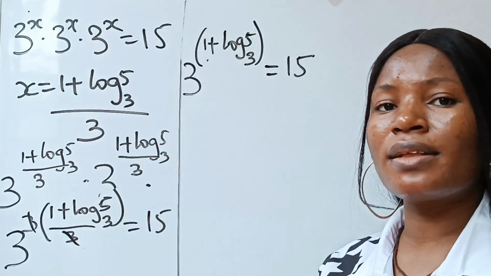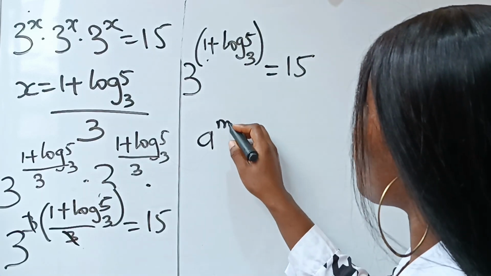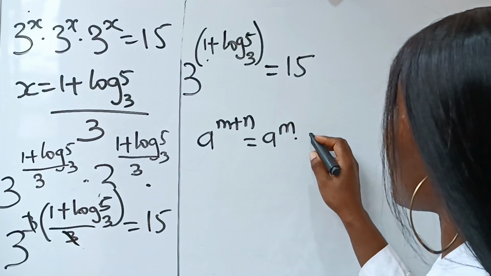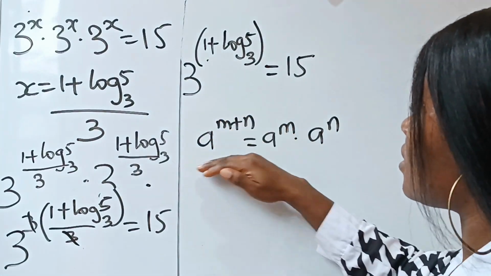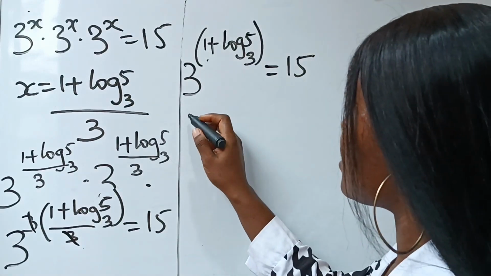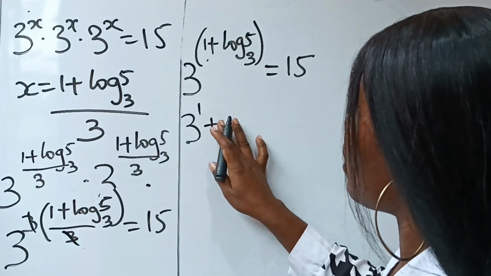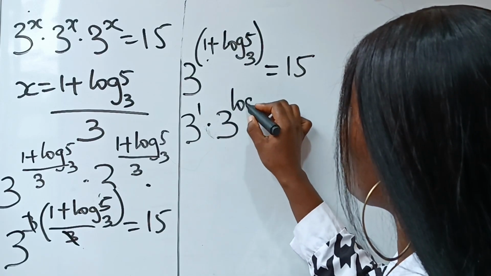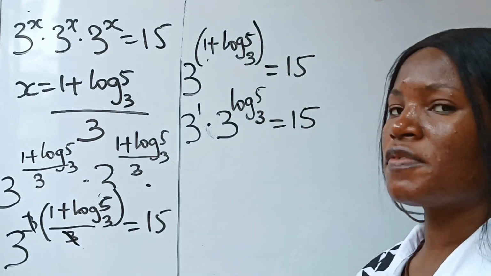Now, we are going to apply the law of indices or exponents that states that a to the power of m plus n is equal to a to the power of m multiplied by a to the power of n, right? So let's express this in this way. So we can now write this as 3 to the power of 1 multiplied by 3 to the power of log 5 base 3 is equal to 15.